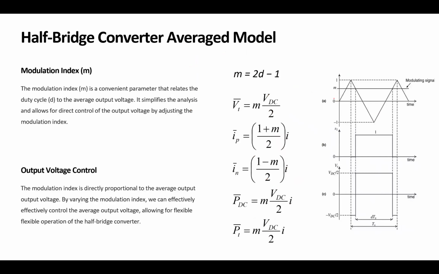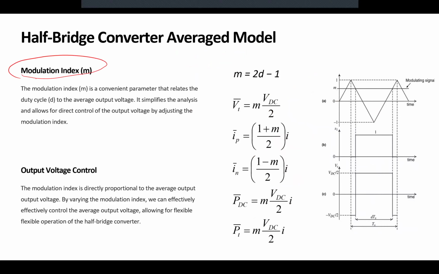Now that we have the average, let's define something else. Again, later on you will see why we're defining these parameters, to simplify more. Instead of having the voltage as VDC times 2D minus 1, let's consider 2D minus 1 as our modulation index, and we call it M. To simplify, less writing, be a little bit lazy.